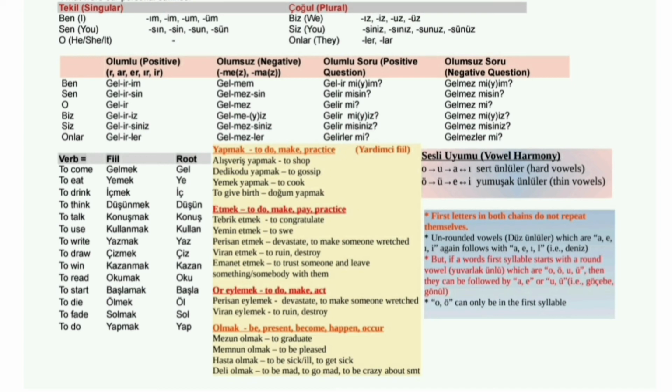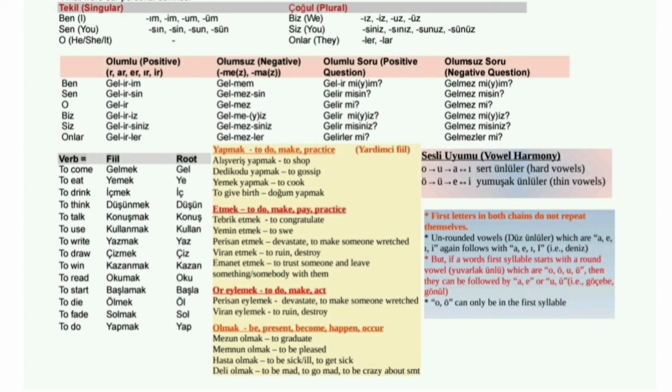And there is another yardımcı fiil. Olmak, be, present, become, happen. So, olmak, like mezun olmak, to graduate. Or, you know, we say tanıştığımıza memnun oldum, memnun olmak. To be pleased.